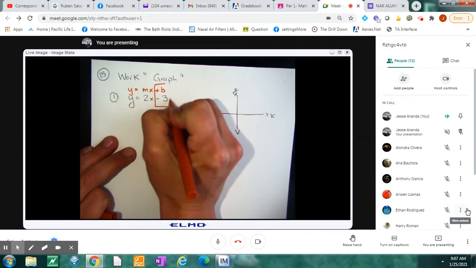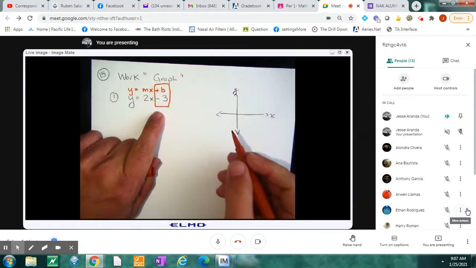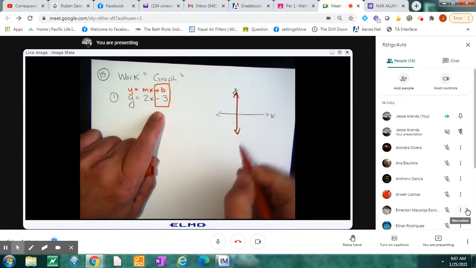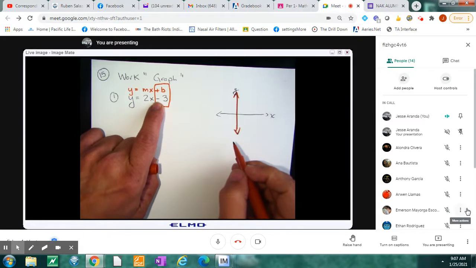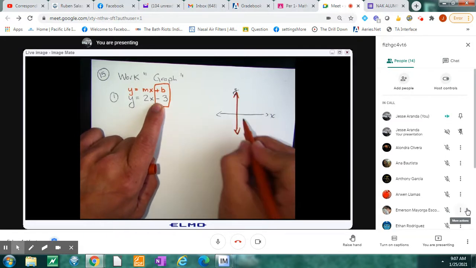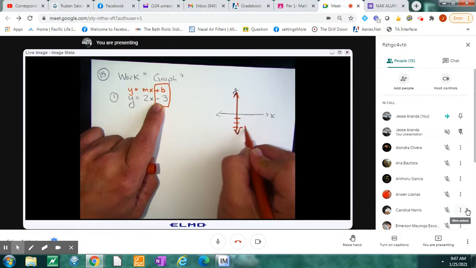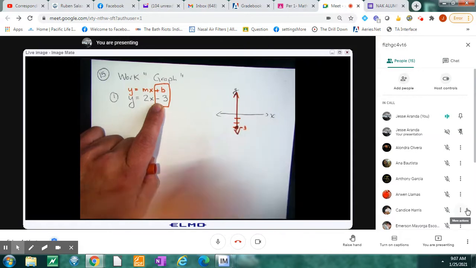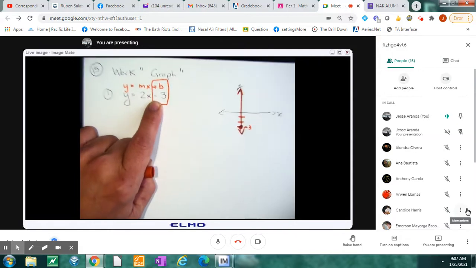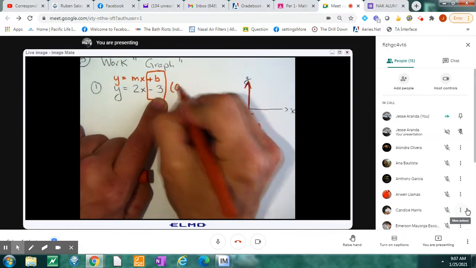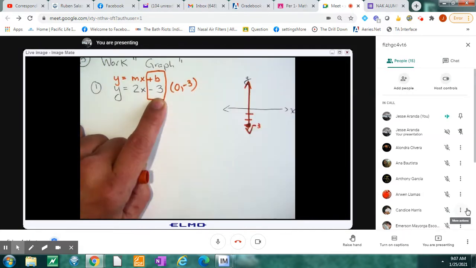Remember, the b is your starting point, and it's always on the y-axis, always right here. That's where you're going to look for the 3. So actually, it's a negative 3. If this is 0, 1, 2, 3, it's going to be right there. So you're going to mark it. Mark the negative 3.